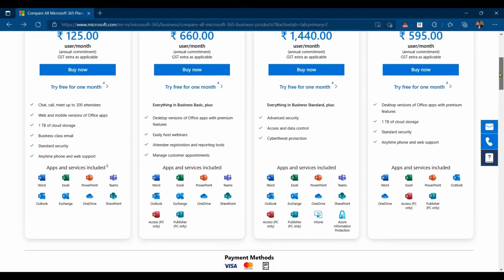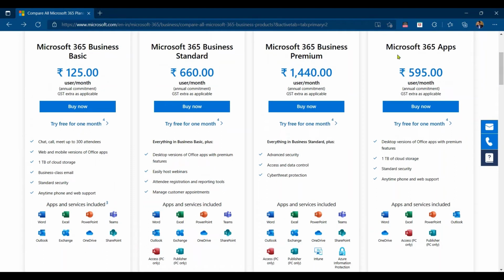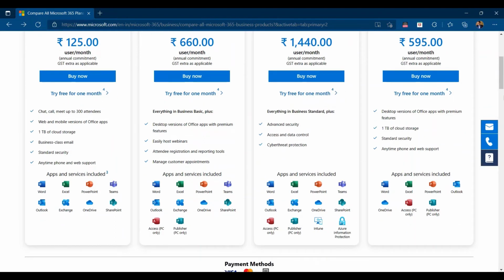Right, I hope it is clear. And this general license is more like a basic tier, but comes with the desktop version. Okay, I hope it's clear.